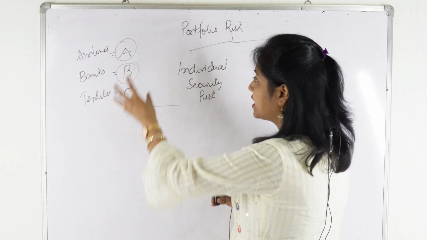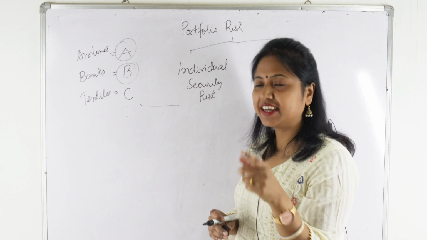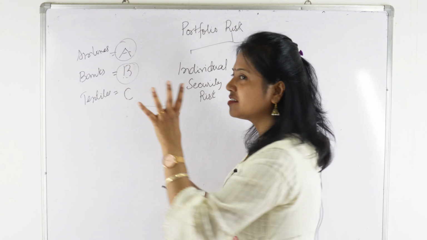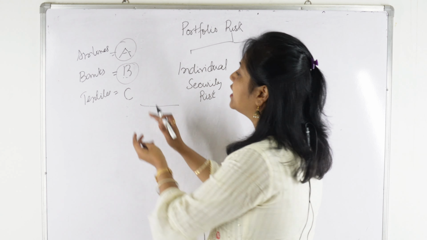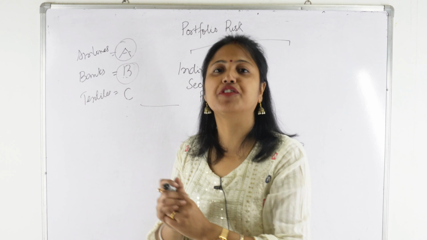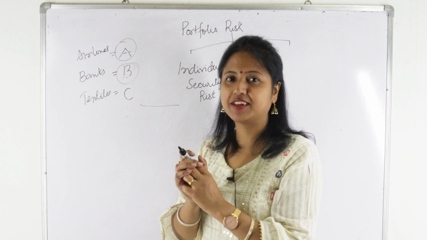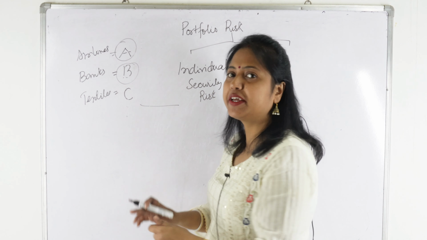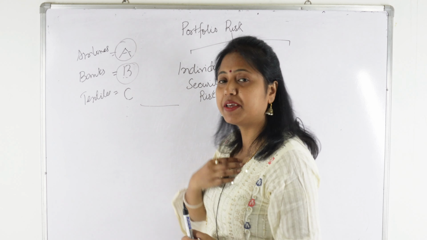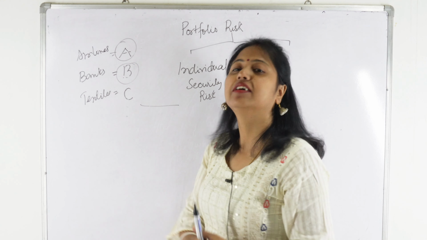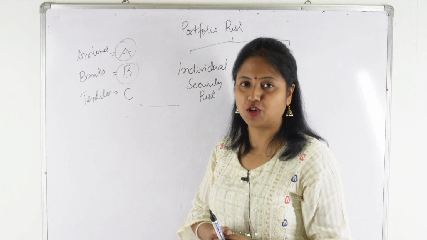So whenever we make a portfolio, our idea is that we should select shares in such a manner that they do not correlate in terms of returns. If they are correlating, if they are very closely associated, then anything adverse happening will make me suffer loss from all the scrips, all the stocks, right?